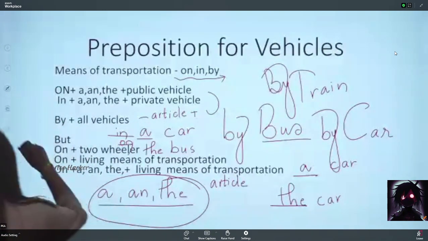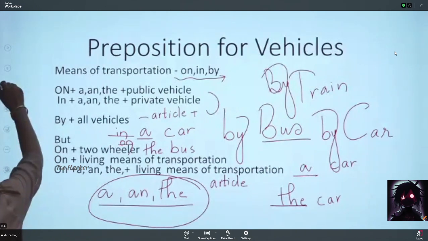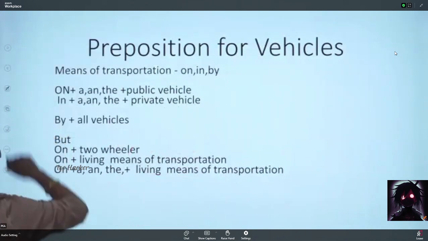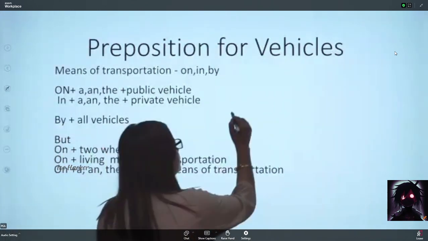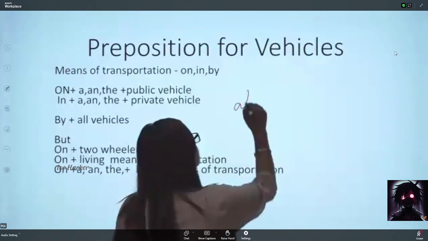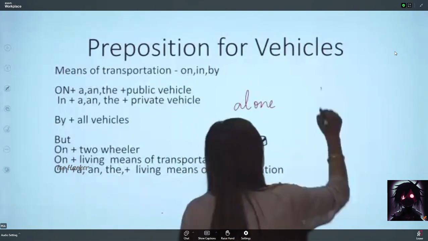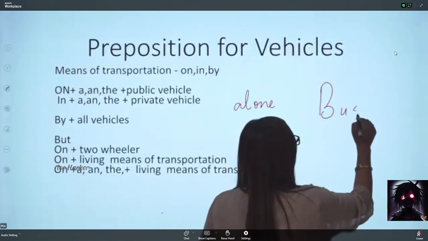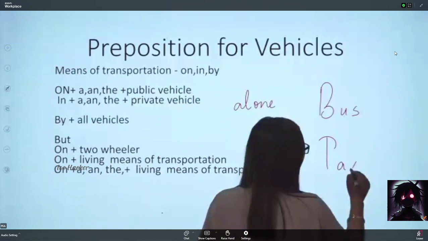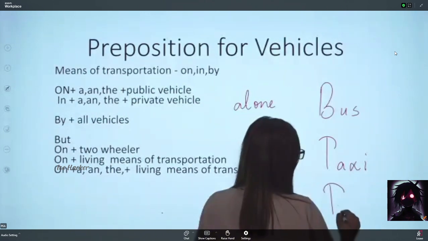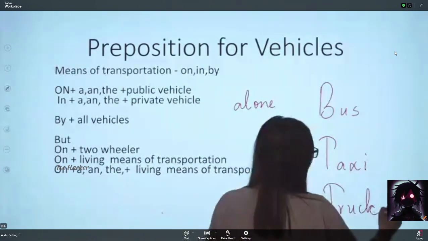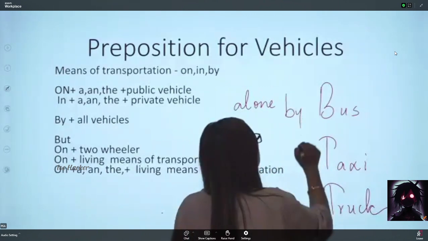I want to show you that if your vehicle is alone, without any article, bus, taxi, or truck, then go for the use of by.